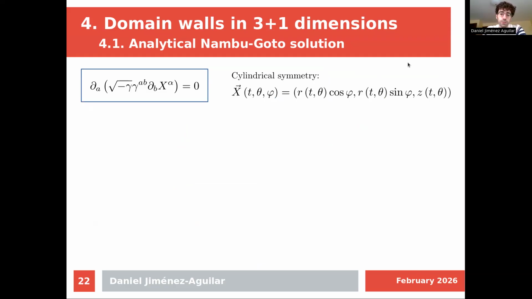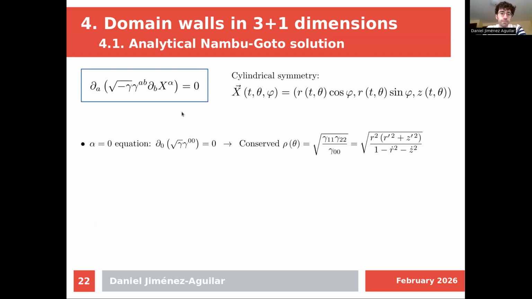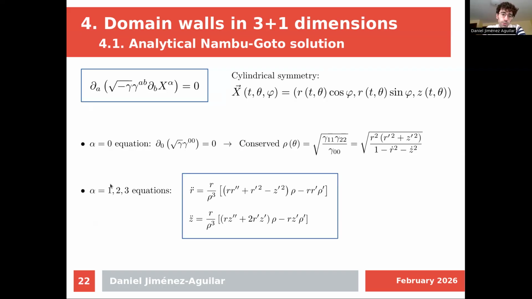But now we can use all this information to derive the equations of motion. First of all, the alpha = 0 equation turns out to be a conservation law. And we can use this in the alpha = 1, 2, 3 equations, which translate into this system of coupled equations. Now we can solve this numerically.